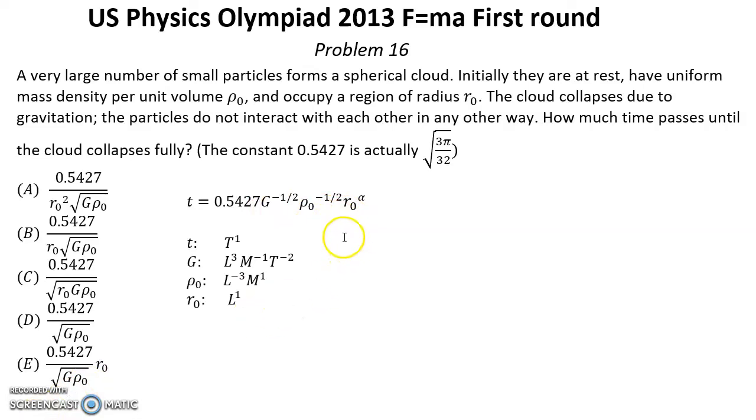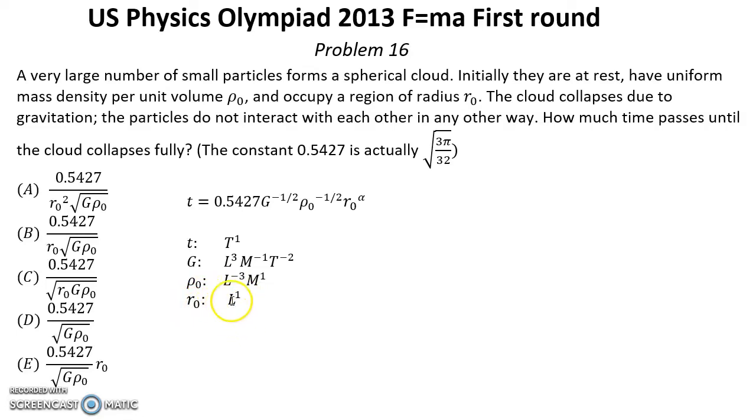Here we represent all dimensions for all parameters, like time is T power 1, the gravitational constant has this representation, density has mass power 1 over L cubed, and the radius is L power 1.